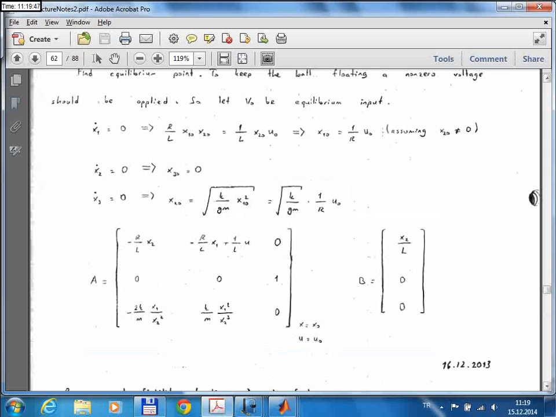If you apply a different steady voltage, if the value of U0 is different, then obviously the A and B matrices will be different, because we have U here, and this value will change, and according to that, x20 will change as well, right? So that means the A and B matrices will change altogether.